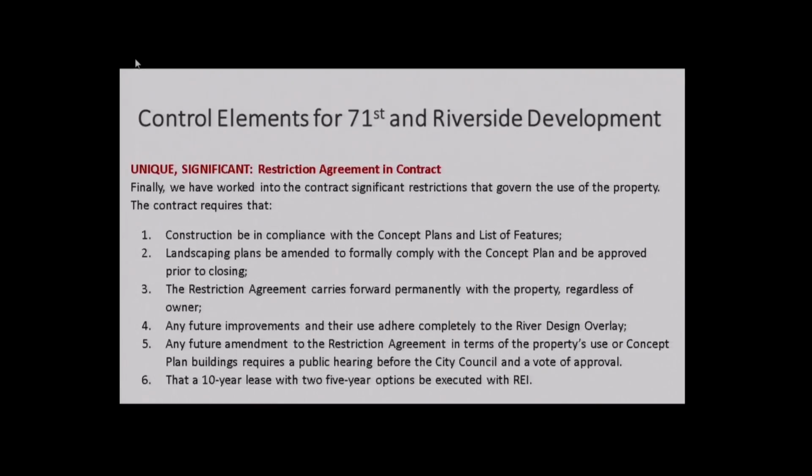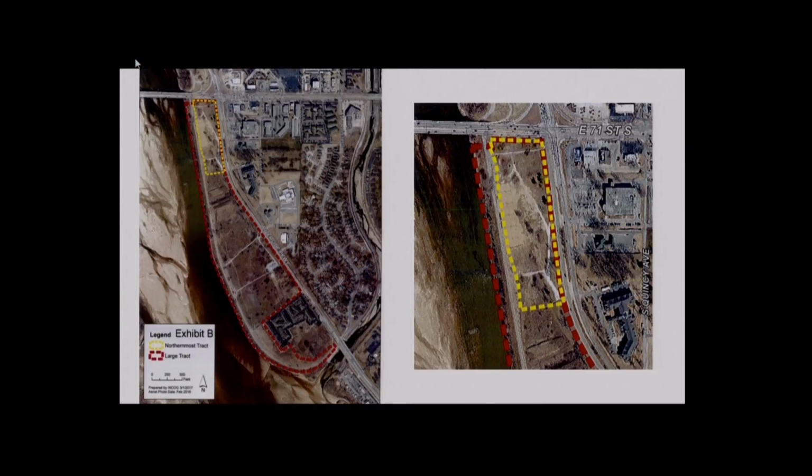Next slide, please. This gives you a good idea of just the development or the space that we're talking about here. And in particular, I heard from a number of folks in the last week who had concerns about what happens to the connectivity of the trail going along the river parks there and along the river.